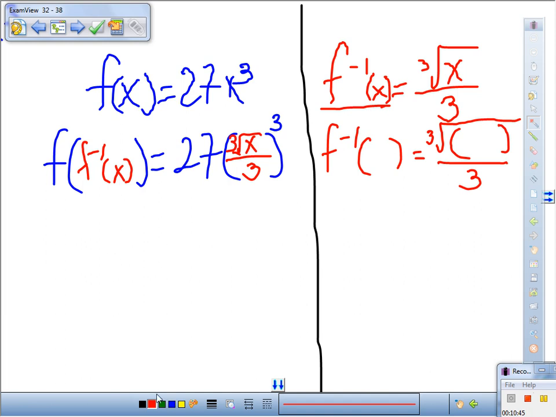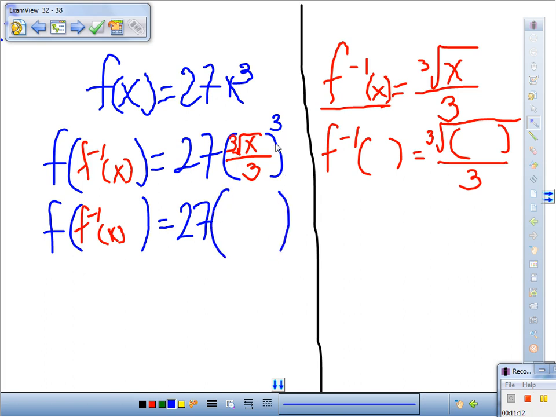So let's see. Again, I'm going to write f inverse of x equals 27 times, now let's see, we have an exponent outside, that means I can distribute, is that correct? So I'm going to do that in black so you guys can see the difference.